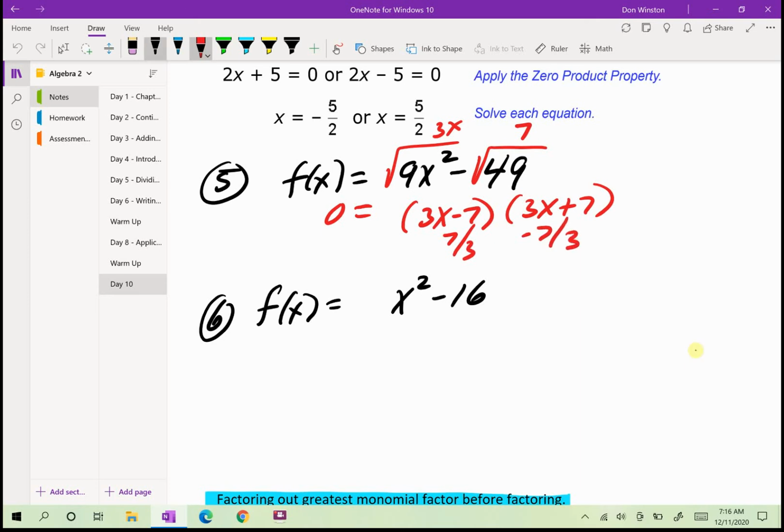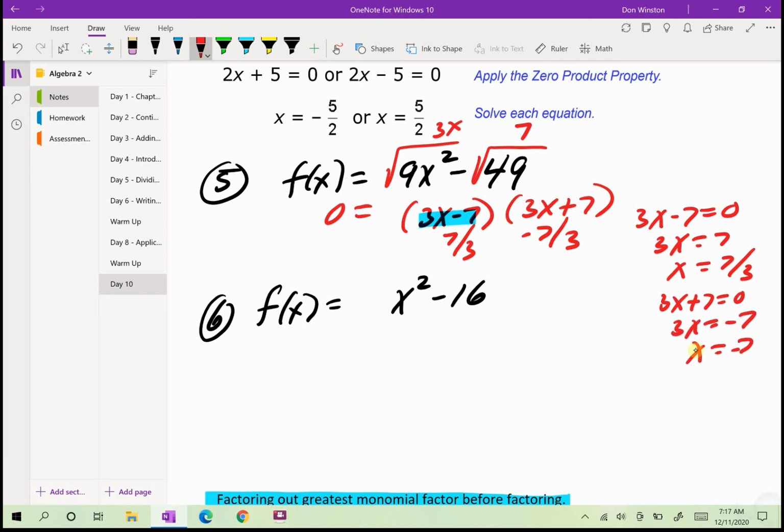Remember, to find the zeros, you set each factor equal to 0. So 3x minus 7 equals 0, 3x equals 7, and x is equal to 7/3. 3x plus 7 equals 0, 3x equals negative 7, x equals negative 7/3.